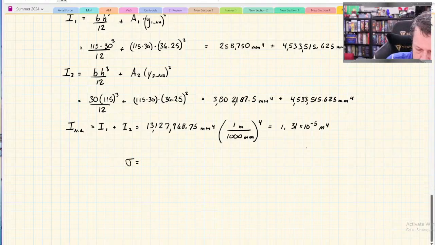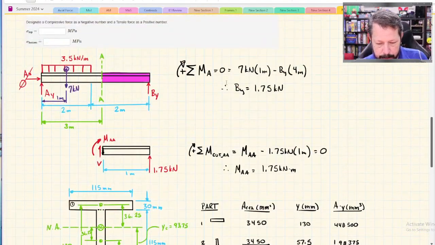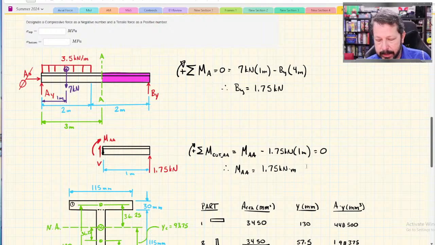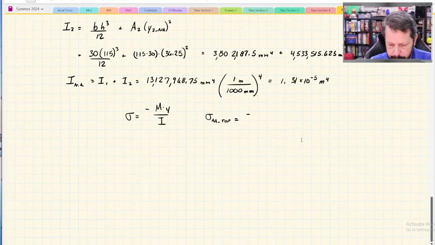So sigma equals negative M times y over I. Let's do the top of the beam at section AA. So sigma on section AA at the top equals negative M. That was so long ago I don't remember. 1.75 kilonewton meters, which is 1,750 newton meters, times y to the top of the beam.